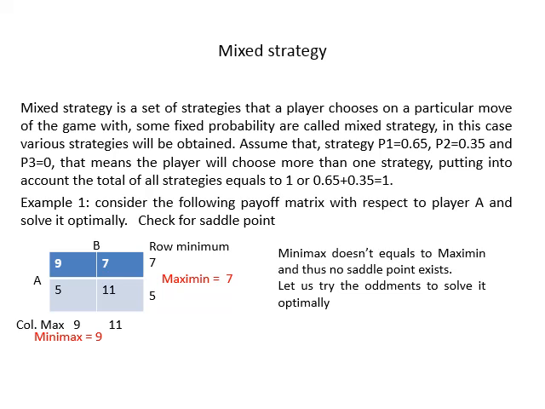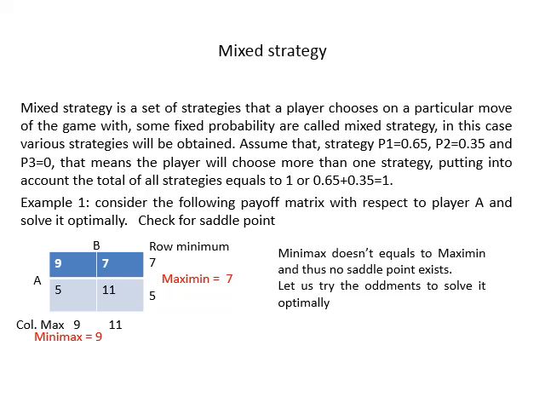The minimum value in the first row is 7, while the minimum value in the second row is 5. The maximum is 7.